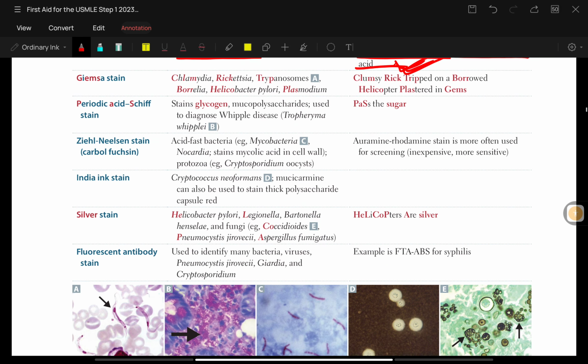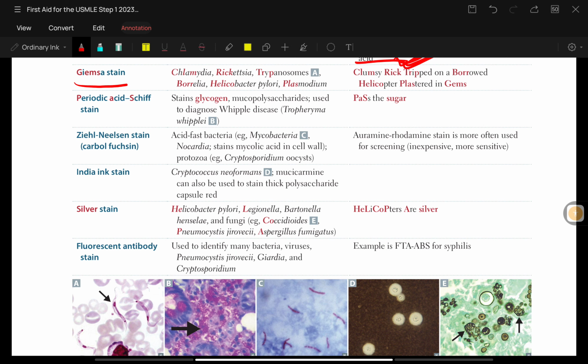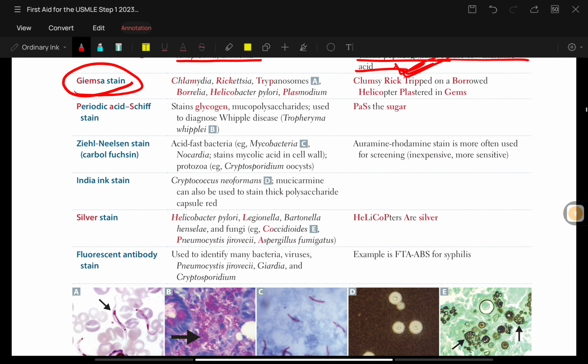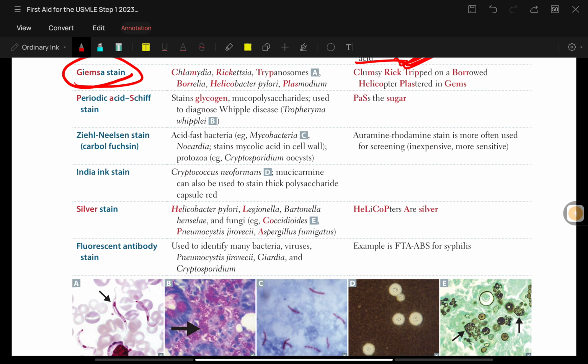Now coming up to the next stain, that is Giemsa stain. Here a mnemonic is given, but I remember it with a different mnemonic: call ram to board helicopter plane.